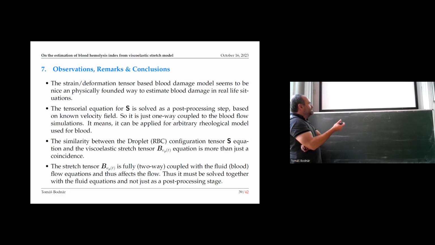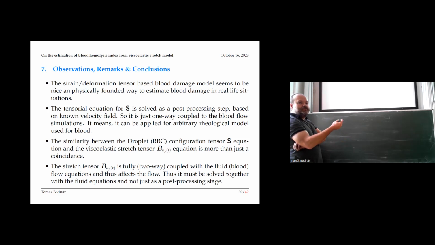For example, recently I've seen that they are trying to consider not just the standard stress in laminar flow, but the flow to be turbulent, with turbulent fluctuations in the stress responsible for some peaks in stress that can exceed the stress threshold for the damage of the red blood cells.